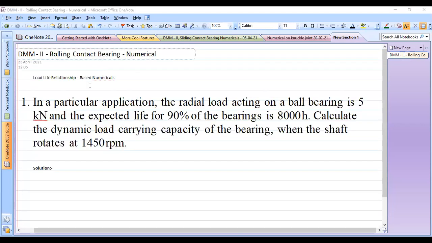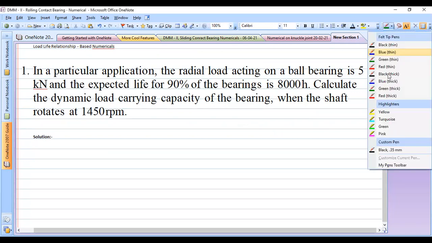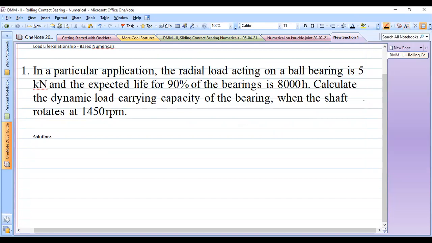We will discuss the numerical on rolling contact bearing, load life relationship based numericals. The first one is given. In a particular application, the radial load acting on the ball bearing is 5 kilonewton and the expected life for 90% of the bearings is 8,000 hours.